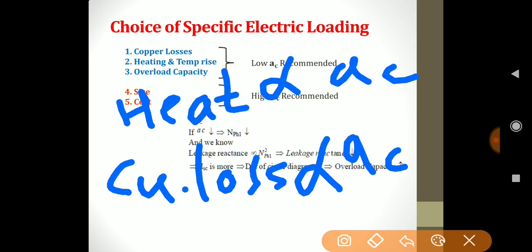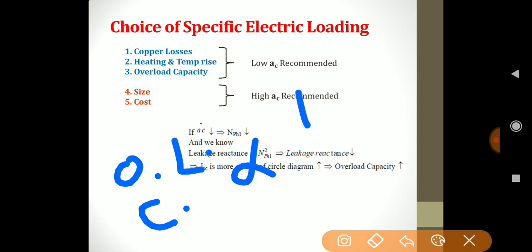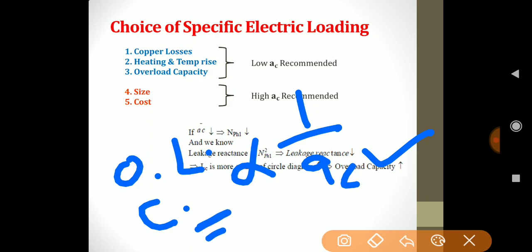Overload capacity, if you want better overload capacity, AC value should be low. Here the relation becomes inverse proportion, so overload capacity is inversely proportional to AC. If you have higher value of AC, your overload capacity is less. If you want better overload capacity, AC should be small.